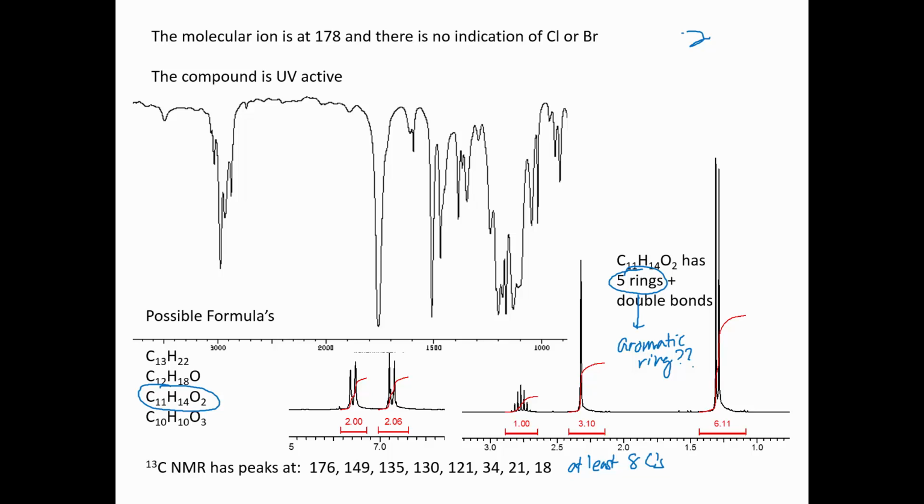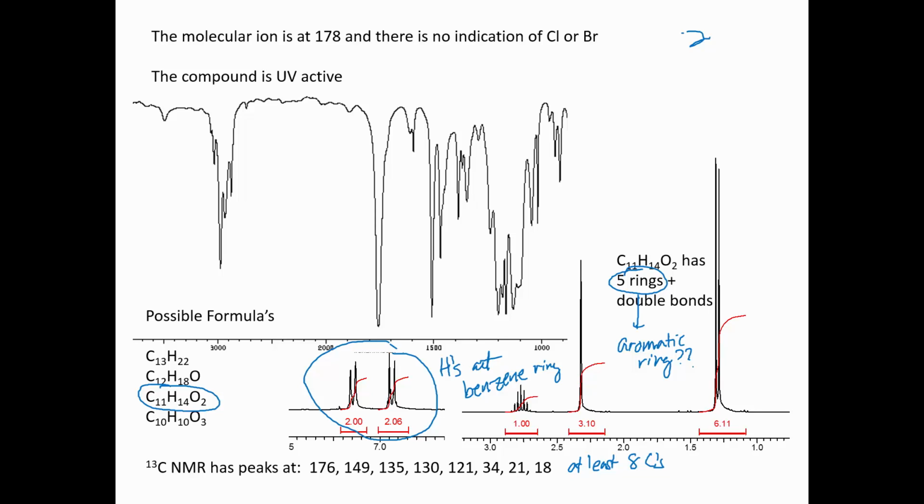That's far more reasonable than having a molecule with 4 different alkene groups in it. There's also something that verifies we have an aromatic ring, and that's these peaks right here, hydrogens on a benzene ring.